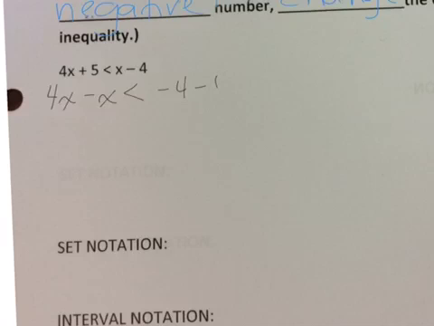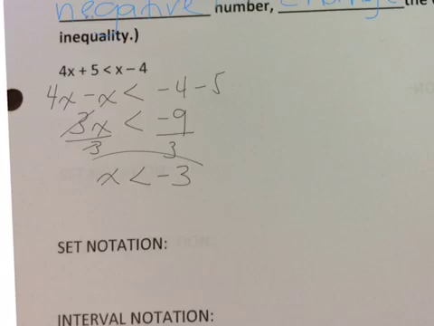So -4, -5, so this is -9, we get 3x. Okay, since we're not dividing by a negative number, we're just going to keep it the same direction, cancel the x's, x then is less than -3, and that's what we had before.